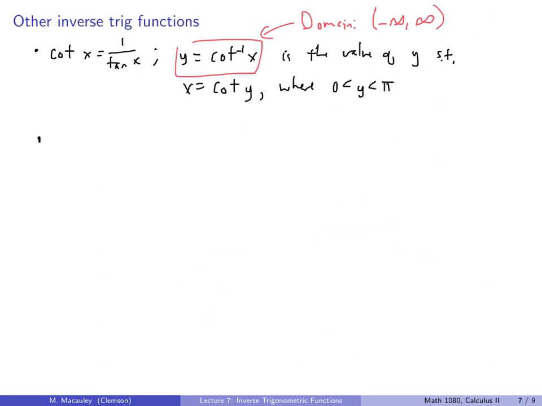Next, secant of x is 1 over cosine of x.